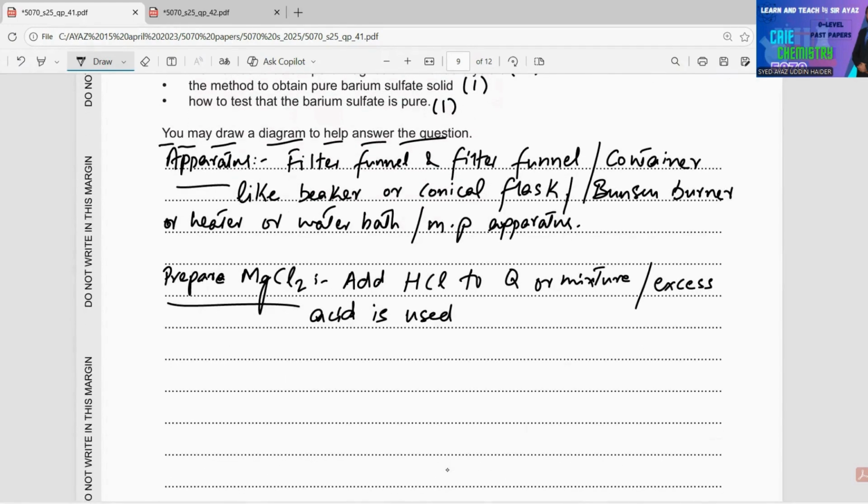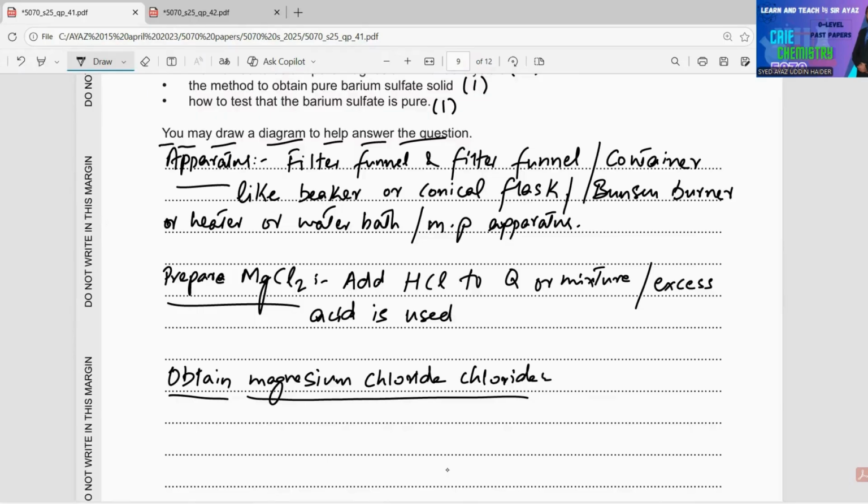For the next mark, how are you going to obtain magnesium chloride crystals? Remember, it will be obtained as the filtrate as it is soluble. So what you're going to do is evaporate or heat the filtrate until half of the water is evaporated.